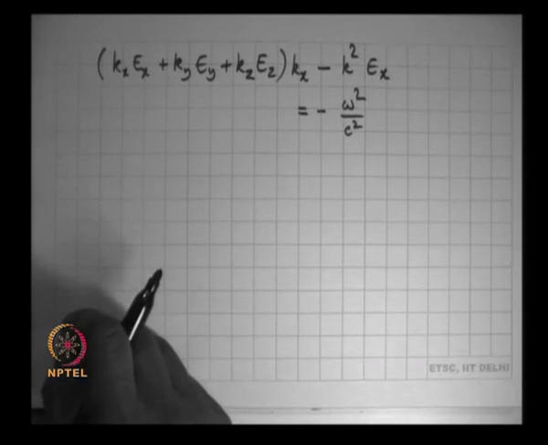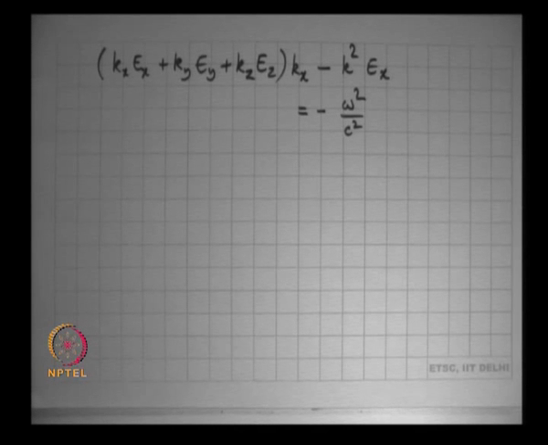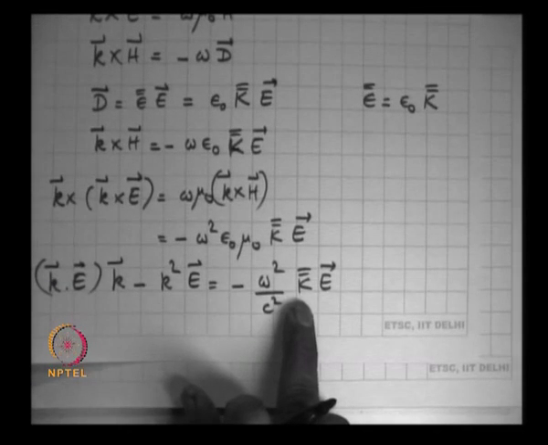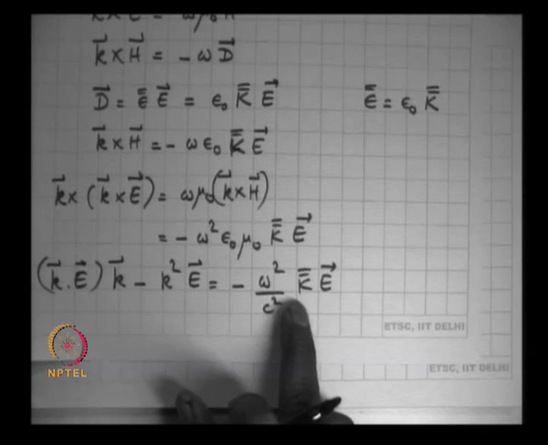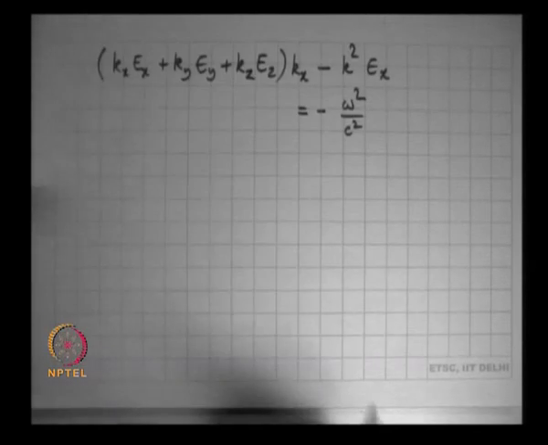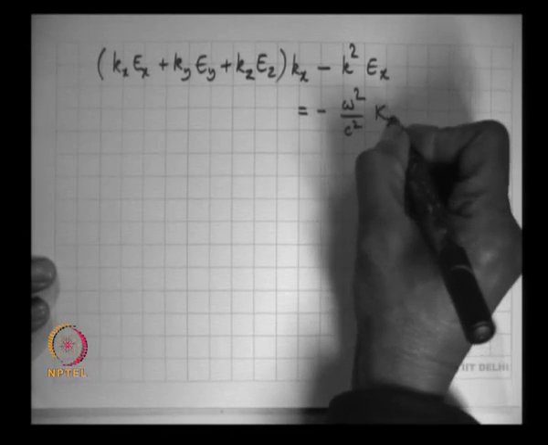Now, remember, we are always using principal axis system. So, in the principal axis system, the K tensor is diagonal. So, what will be the x component of K times E? Kx Ex. So, I will have simply Kx times Ex.